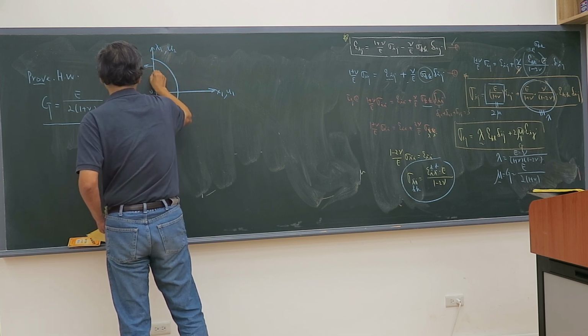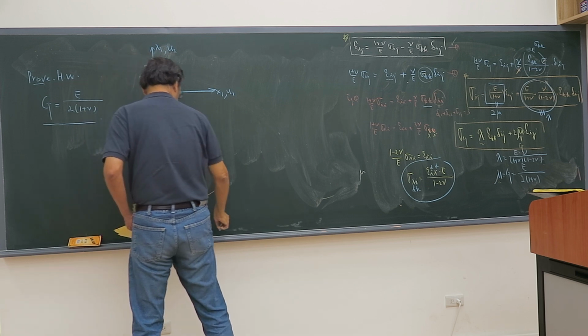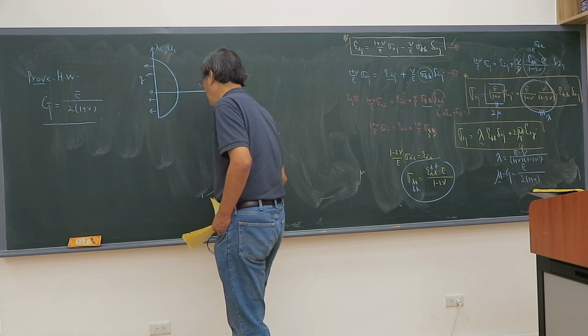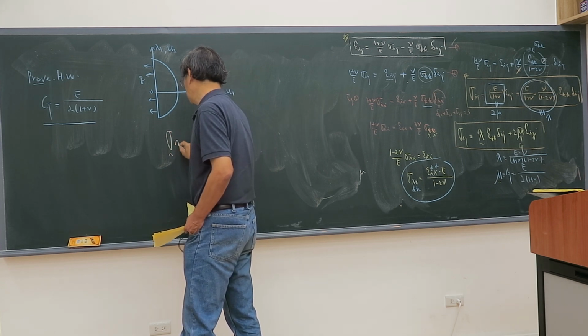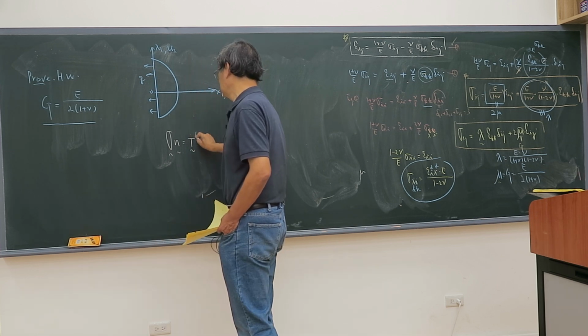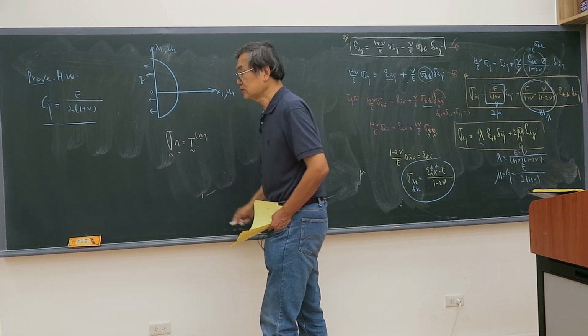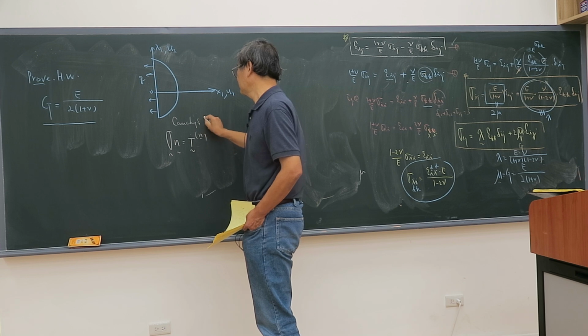And I have a prescribed displacement q. Remember, we have the Cauchy formula, the T vector equals σ times n. This Cauchy formula.